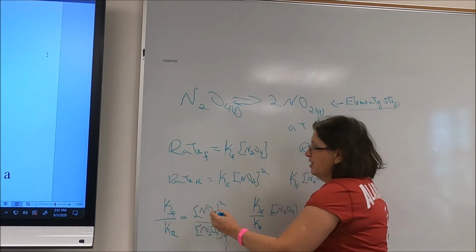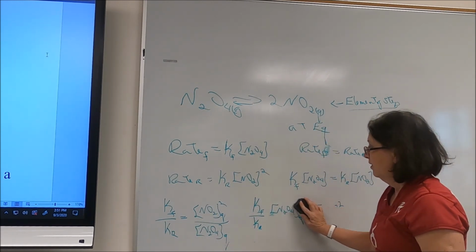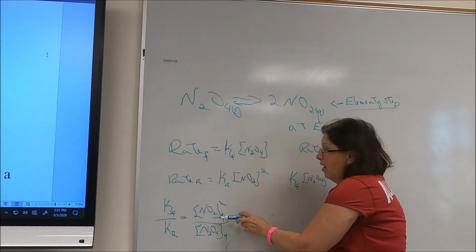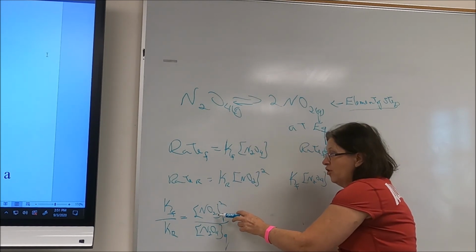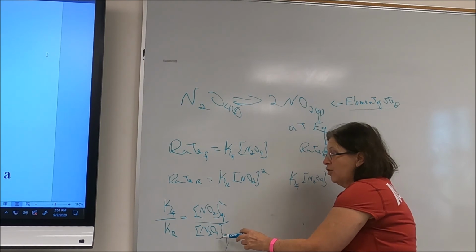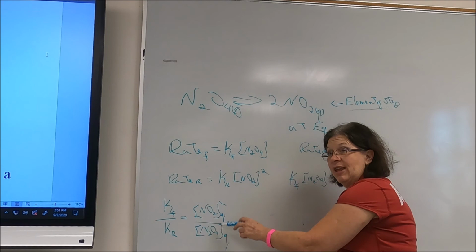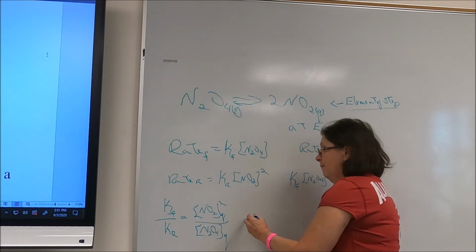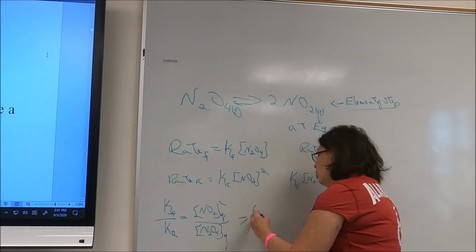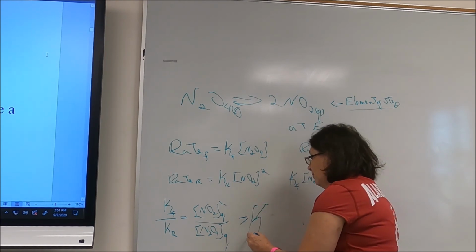Well, if I take a constant divided by a constant, I get a new constant. So that tells me that the concentration of nitrogen dioxide relative to the concentration of dinitrogen tetraoxide at equilibrium is a set ratio. This is equal to a big K, which we call the equilibrium constant.